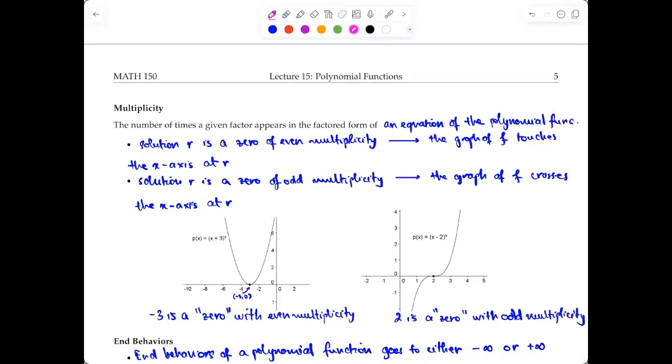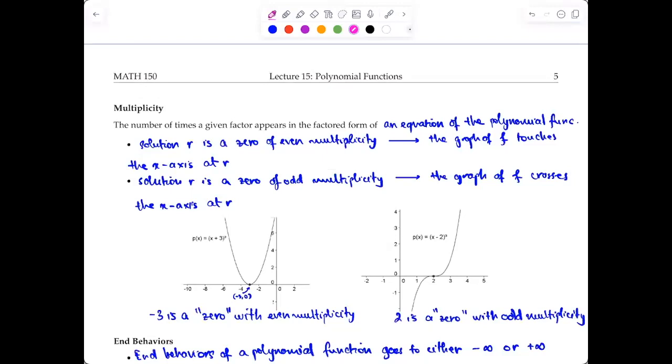f of x is equal to negative of (x plus 7) to the 6th power times (x plus 5) to the 4th times (x minus 5) to the 3rd power times (x minus 7) to the 3rd power. Again, the definition of multiplicity is the number of times a given factor appears in the factored form of the equation of a function.